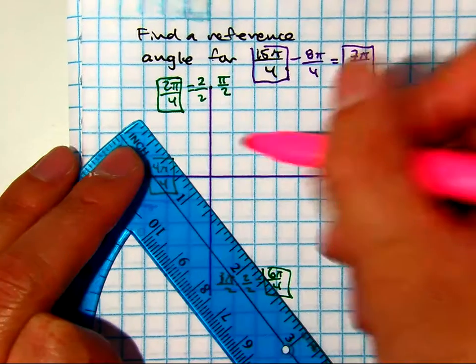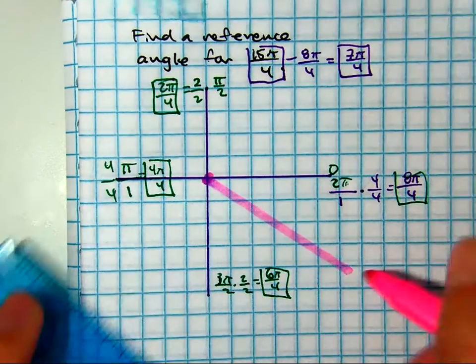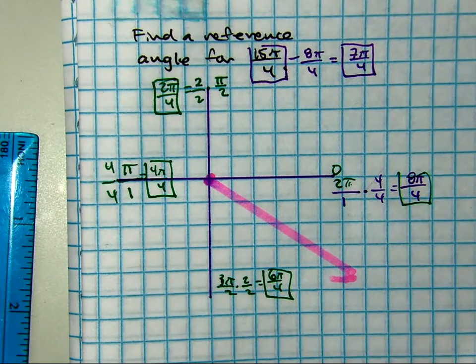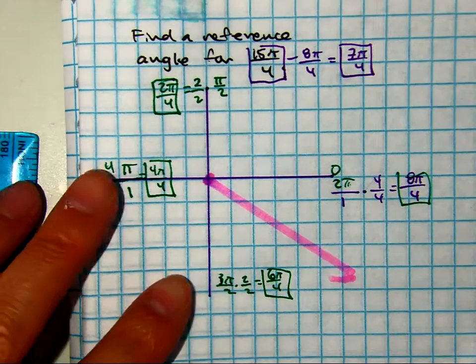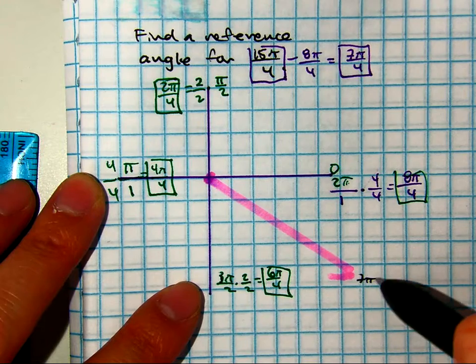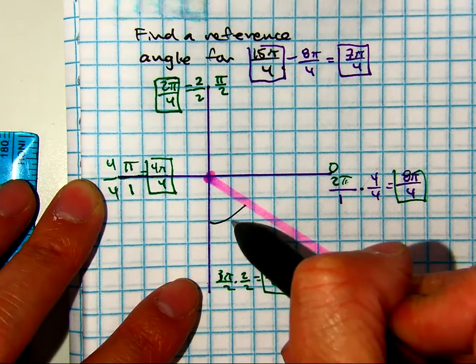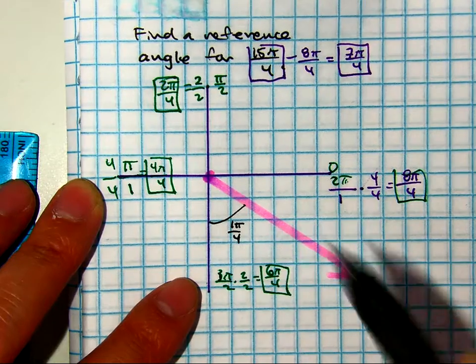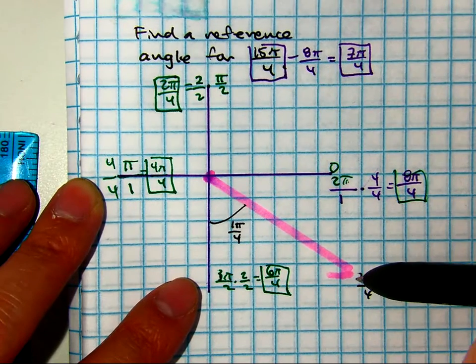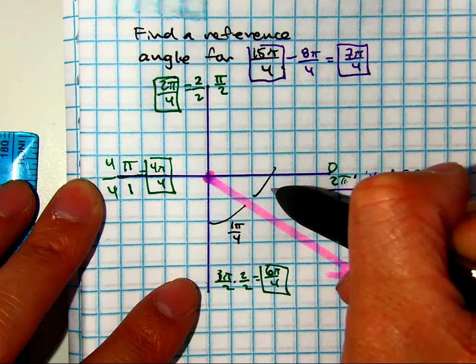So you have this one now. Pay attention. This is 6 pi over 4, and this is 7 pi over 4. So to go from 6 to 7, the distance here is 1 pi over 4. The distance from here to here is 1. So this is also 1 pi over 4.